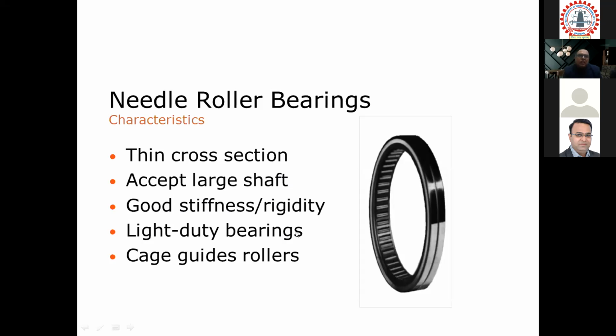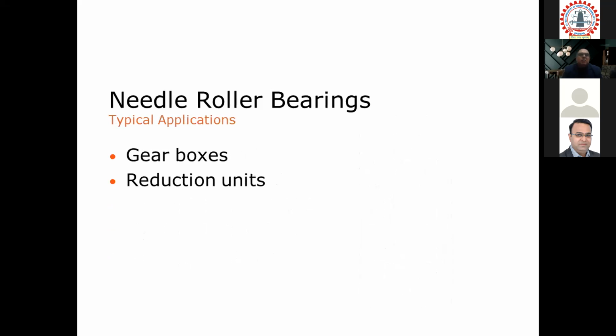These are light duty bearings, and because of the long length of the roller, cages are typically guiding the roller, so there can be some friction between the roller and the cages. Typical applications are gearbox and reduction unit, where radially you have a space constraint, as I mentioned before.